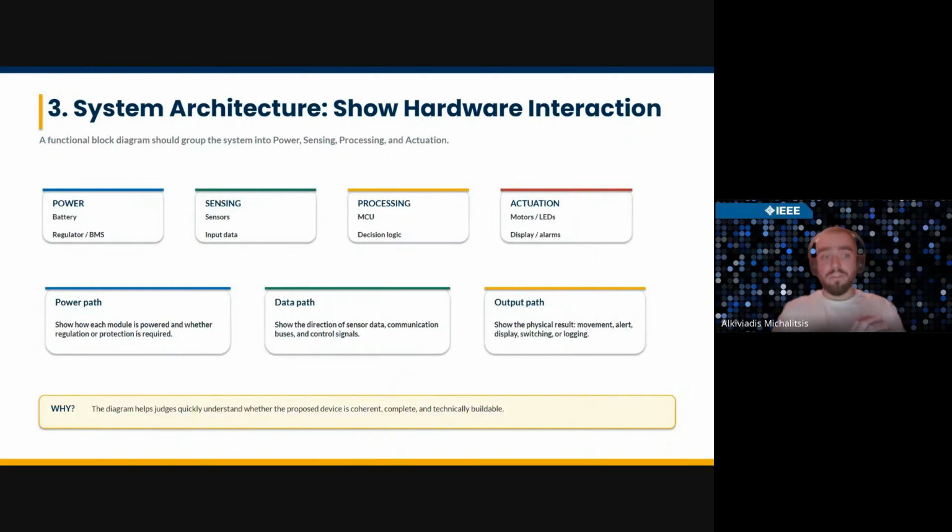Now, regarding the power path, you should show how each module is powered and whether regulation or protection is required. For example, if our microcontroller unit has some general purpose I/O and some voltage lines of 5 volts and our sensor is 3.3, we will need to add a regulator to step down the voltage from 5 to 3.3.